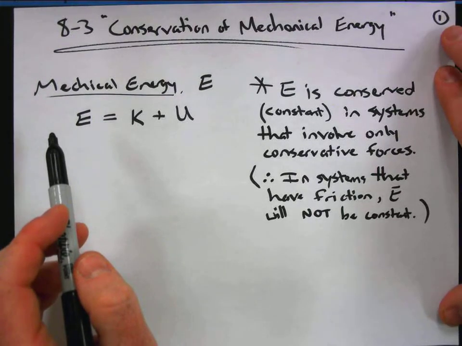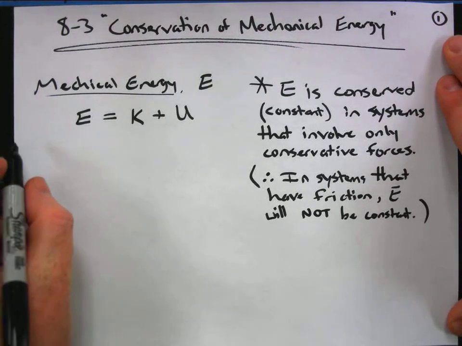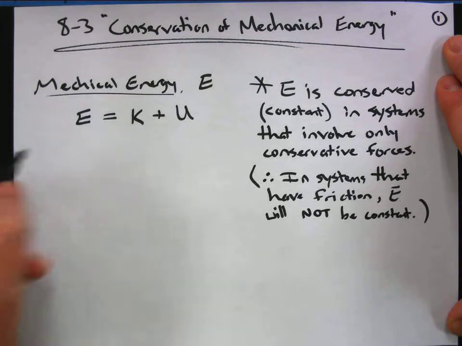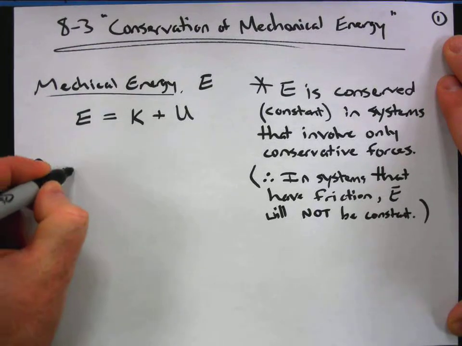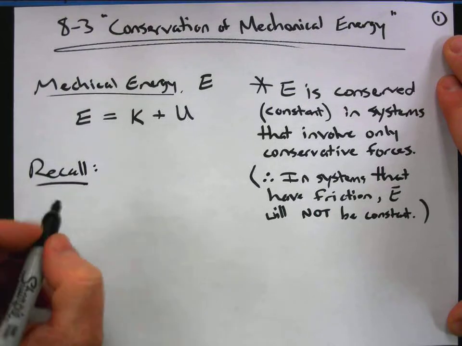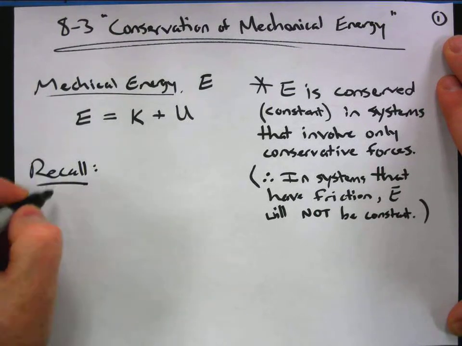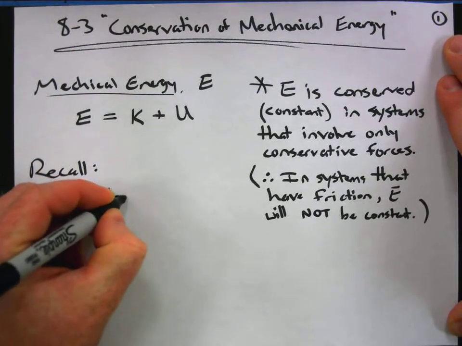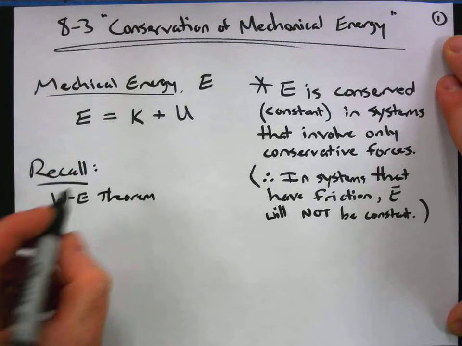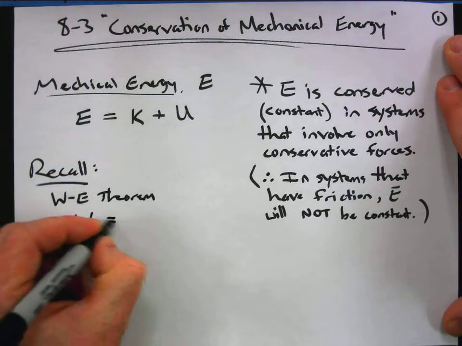All right. Now I want you to recall two different ideas from some recent videos. One of the ideas is from Chapter 7, the work energy theorem. The work energy theorem says that the total work done is going to be equal to the change in kinetic energy of a system.